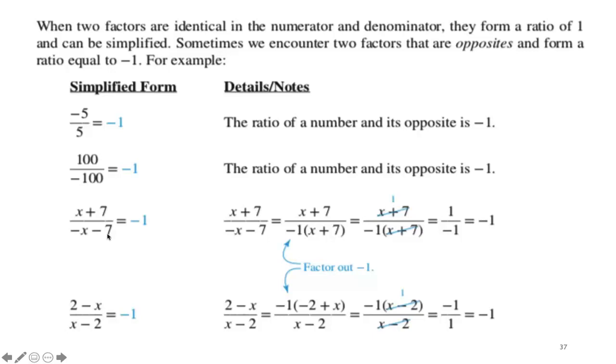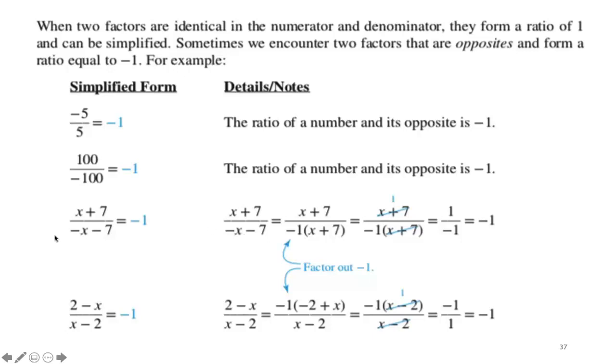But here's what I want to point out: x plus 7 and negative x minus 7 look like they are different, and it looks like we can't cancel, but we can if we look carefully. Look at the bottom. Let's take out the negative 1. If I take out negative 1, suddenly this is x plus 7, and we can cancel to get negative 1 at the end. So we have to be careful and see that the top and the bottom might be opposite, and if that's the case, then we can cancel to get negative 1.